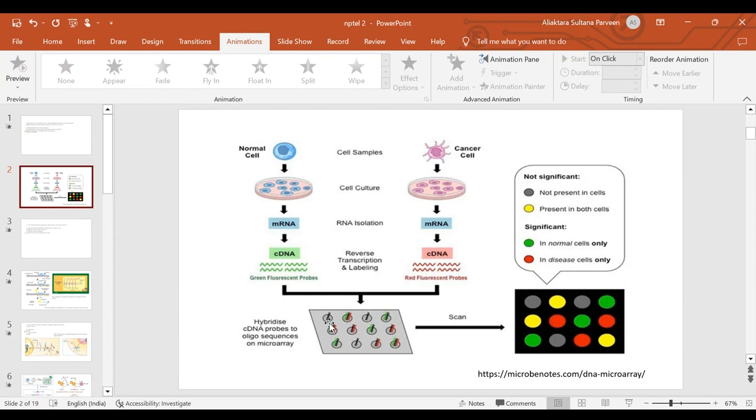Multiple spots are there in a plate, and in each spot you have different labeled DNAs. You have the cDNA library already. So what is cDNA?